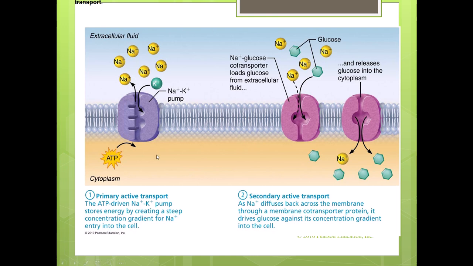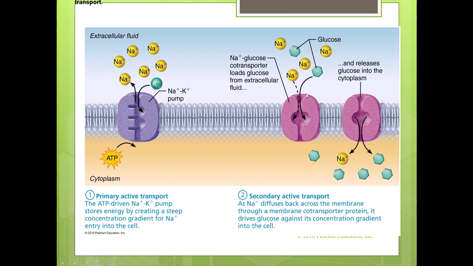So we had our sodium-potassium pump that pumped sodium out into the extracellular fluid. That was primary active transport. Well, now we have a carrier protein over here that's going to allow sodium to diffuse down its concentration gradient, but bring glucose, something that is high inside the cell but low outside the cell, along with it.